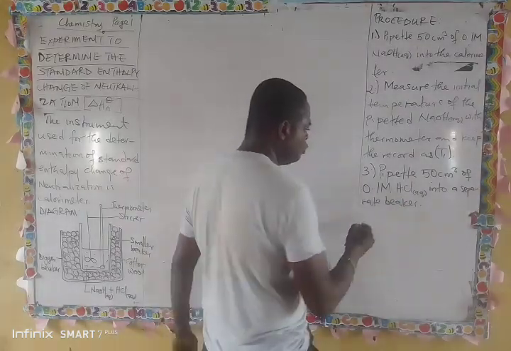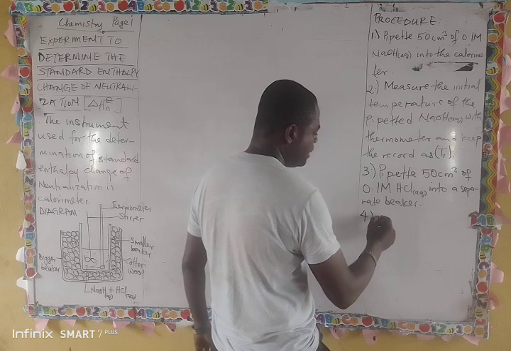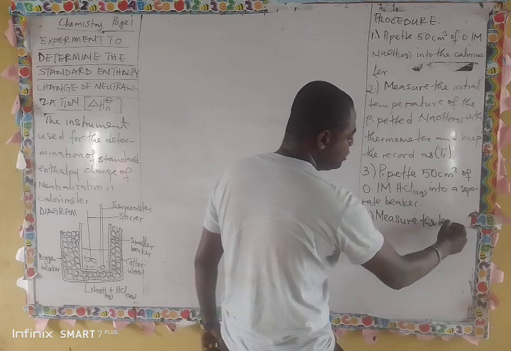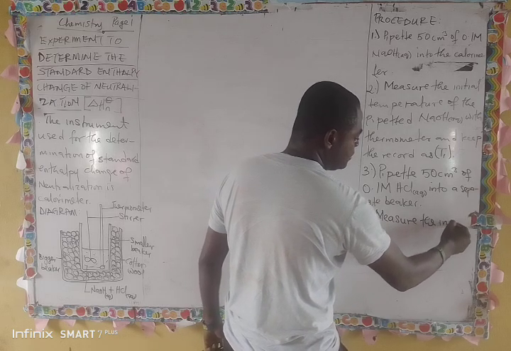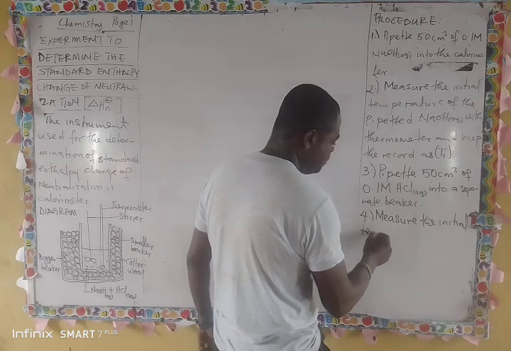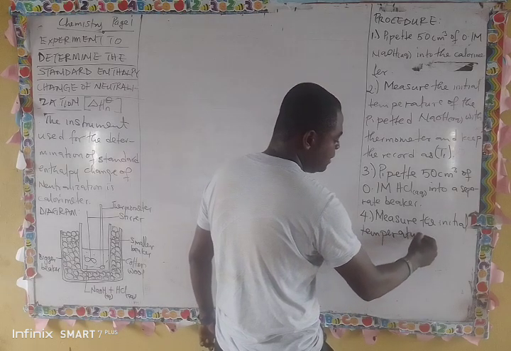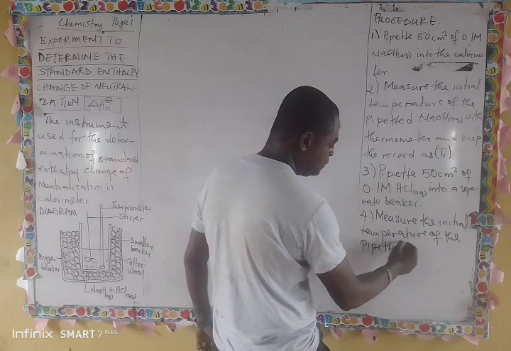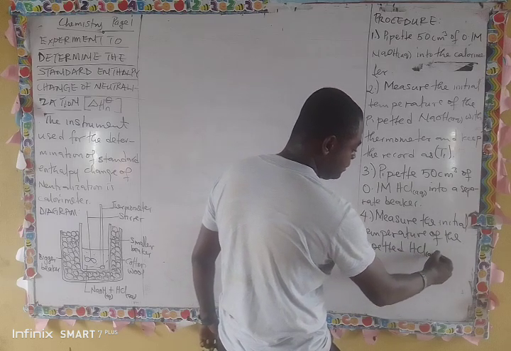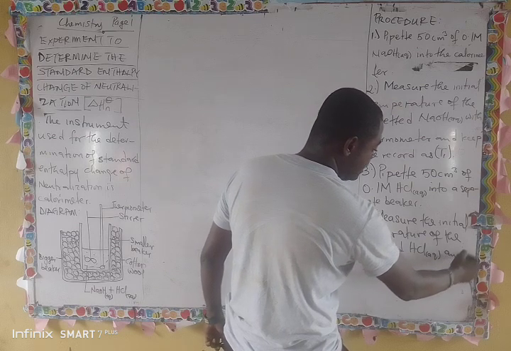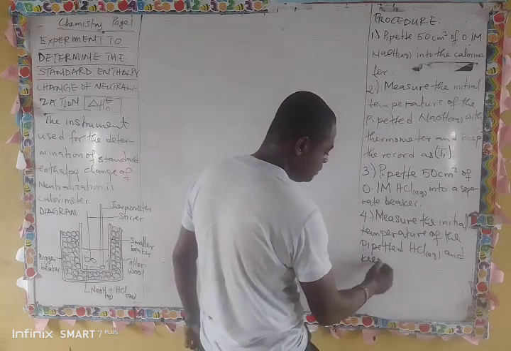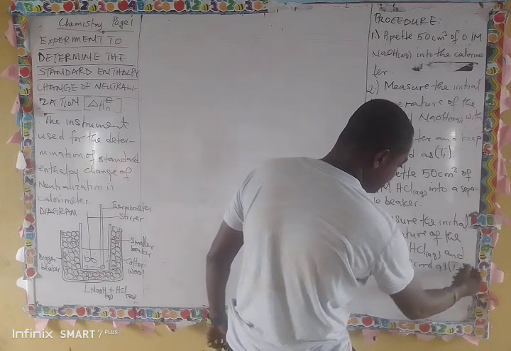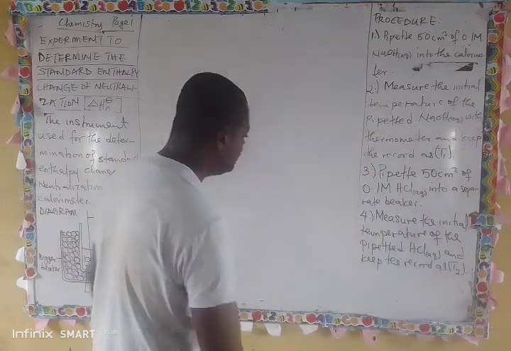The next thing to do, now measure the initial temperature of the pipetted HCl, and keep the record as T2, temperature 2. Are we together? Temperature 2.